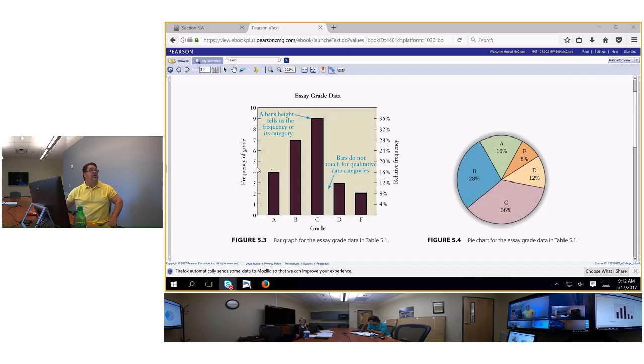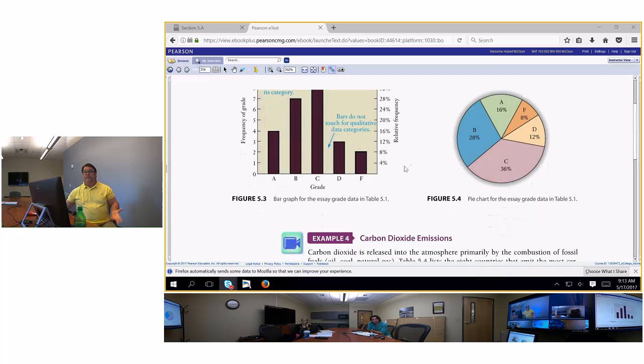Make sure here that you know on a bar chart how to get the total. Let's see, there's 4, there's 7, 4 and 7 is 11, 9 is 20, 25. You put a 4 here because that's 4, you put a 7 here, put a 9 here, and you add them all up.